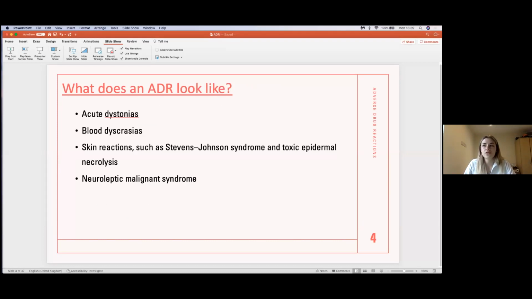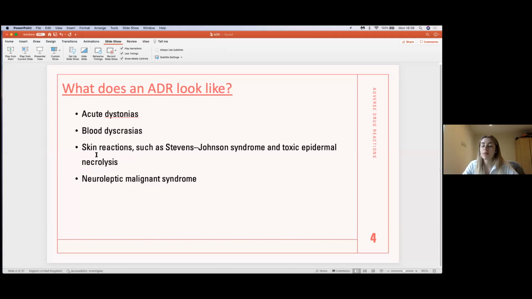So what does an adverse drug reaction look like? It can present as an acute dystonia. This is an involuntary contraction of muscles, and this can be continuous or intermittent, and it's where patients display abnormal movements, abnormal postures. You can also see blood dyscrasias, so abnormal red blood cells, white blood cells, plasma, just weird looking blood films and blood results.